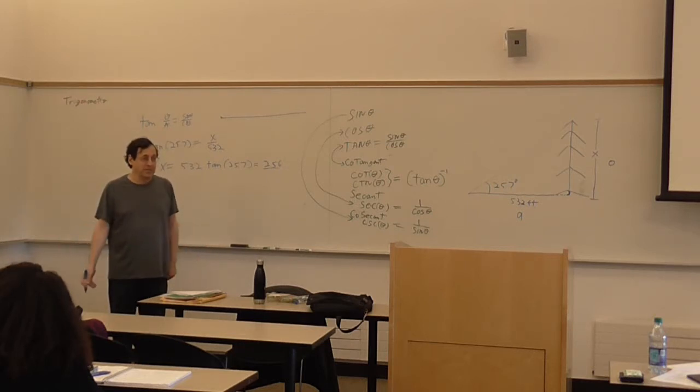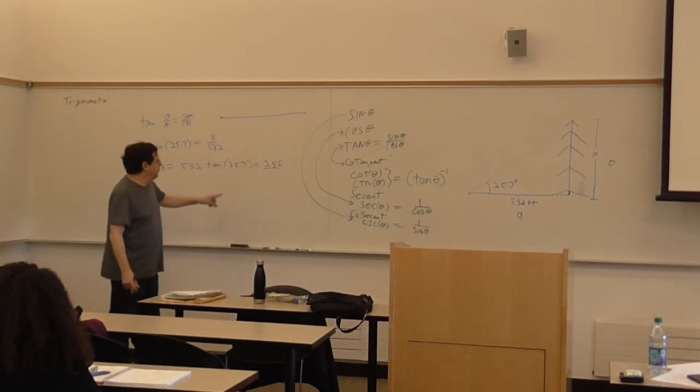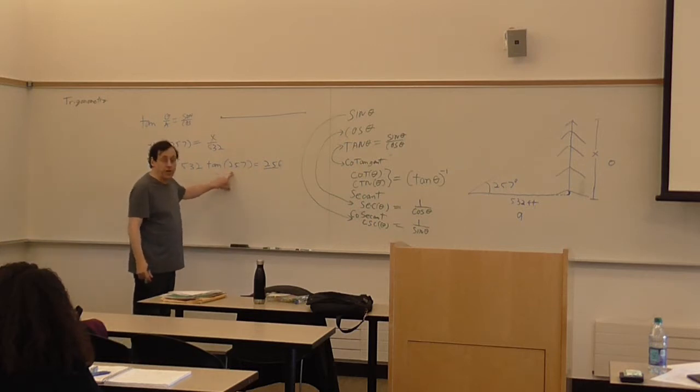It's not right, is it? It's the same thing. We're using the wrong scale. I mean, if you converted 25.7 to radians and then used radian mode, it would work.